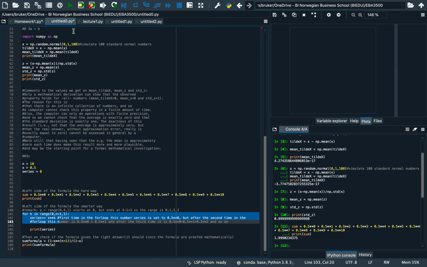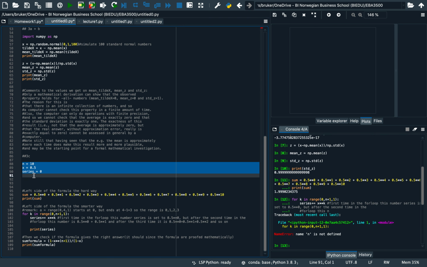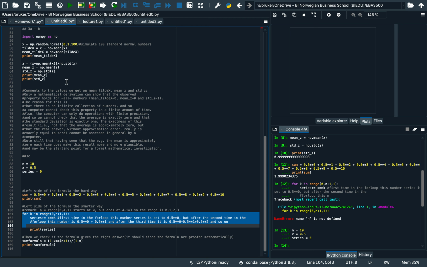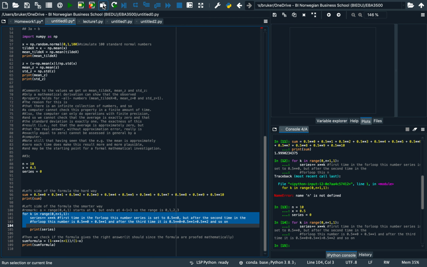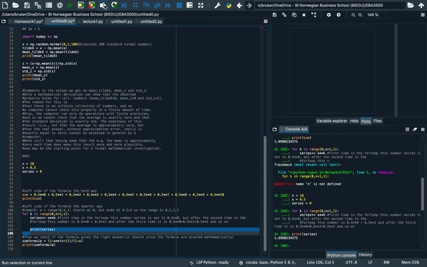First I take this, and then I can take the for loop. And then we can print series, because that should be updated to the total sum. And we got exactly the same as we did the hard way.